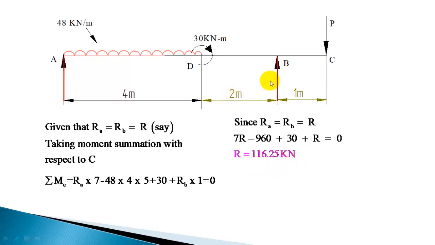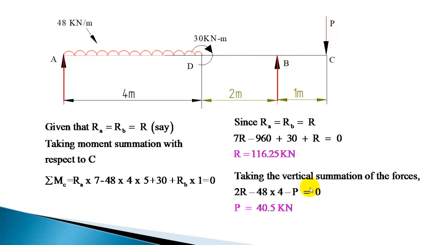After getting the reactions, you can find P by summing up the forces and equating to 0. If you sum up the forces, you get RA minus this UDL. The couple will not come into the force summation because due to a couple, the net summation of force is 0. Plus RB minus P is equal to 0.